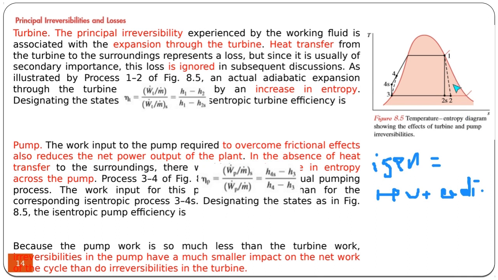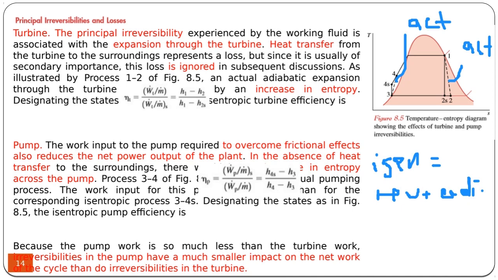So this is for an actual turbine in which entropy is increasing, or this is for, again, an actual pump in which the entropy is increasing. The reason why entropy is increasing is because of the irreversibilities inside the pump or turbine, such as friction between the fluid and turbine blades.